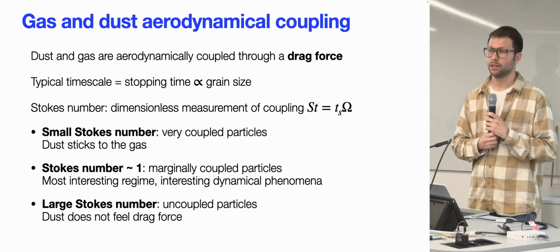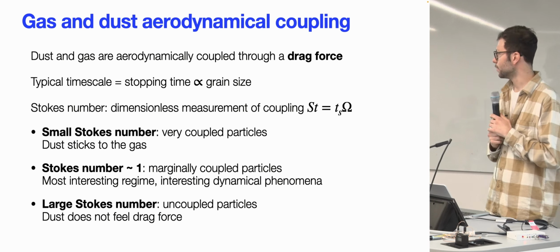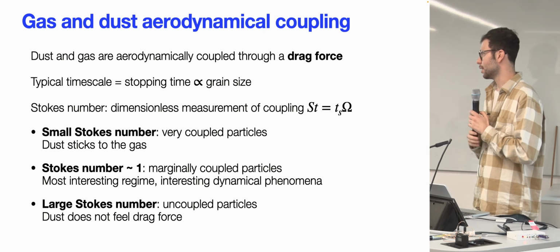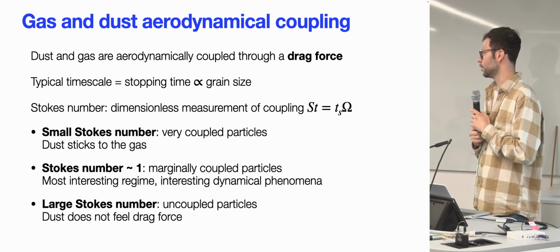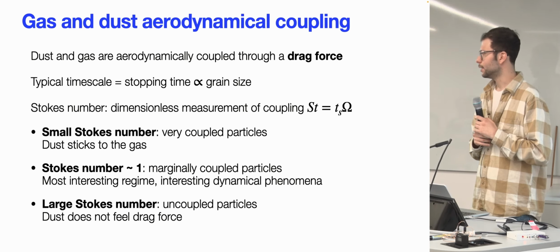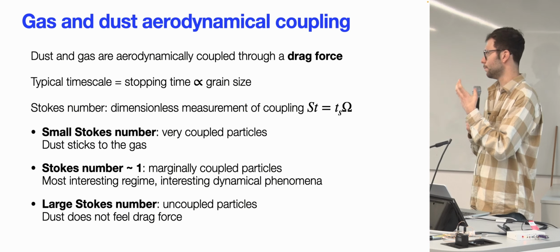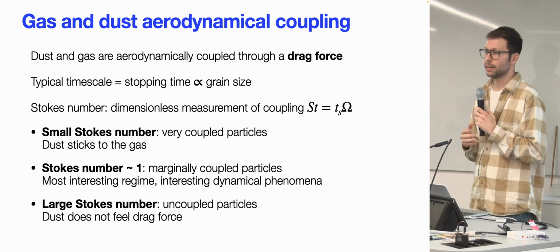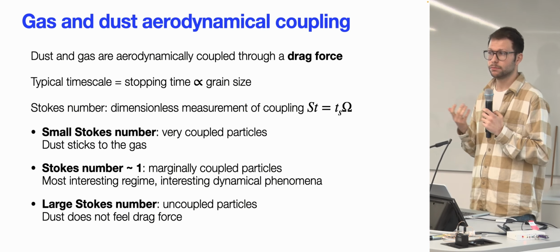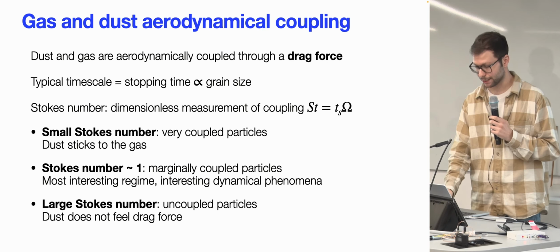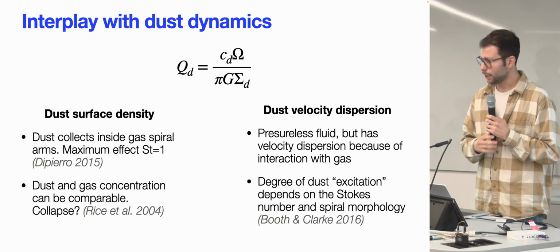And many interesting phenomena can happen in this regime. And finally, we have the large Stokes number regime, where the dust particles are uncoupled. They are too big to feel the drag force, and so basically they do not interact with the gas.